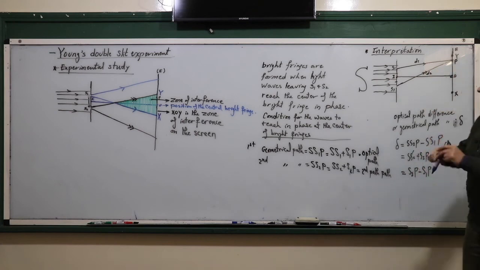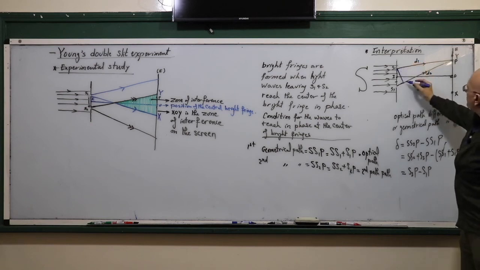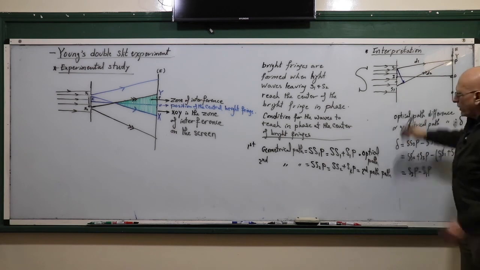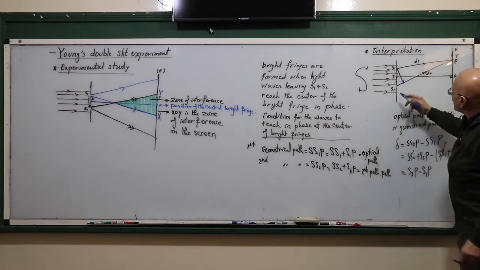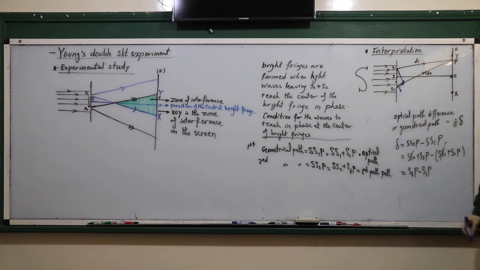If I drop from S1 a perpendicular to S2P, this will be the optical path difference from here to here. This is delta, or geometrical path difference, which is the difference of D2 minus D1.